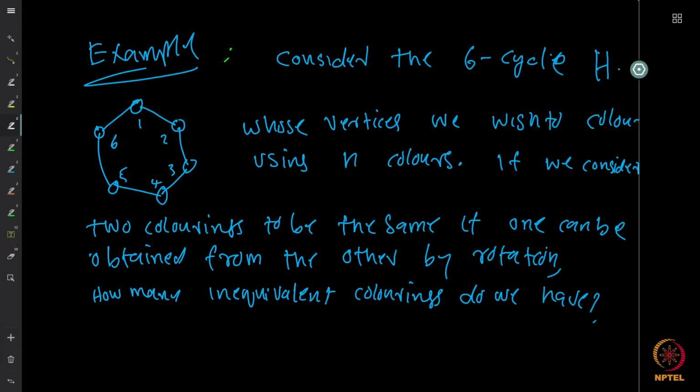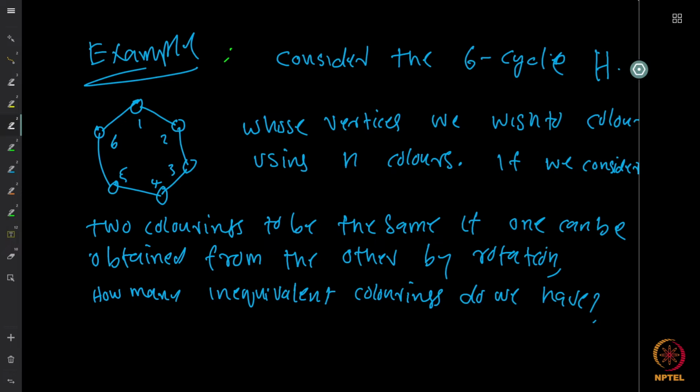Now, we say that two colorings are the same if one can be obtained from the other by rotation, right? So if I rotate the regular hexagon, the colorings remain in position, and then I get other colorings, right?